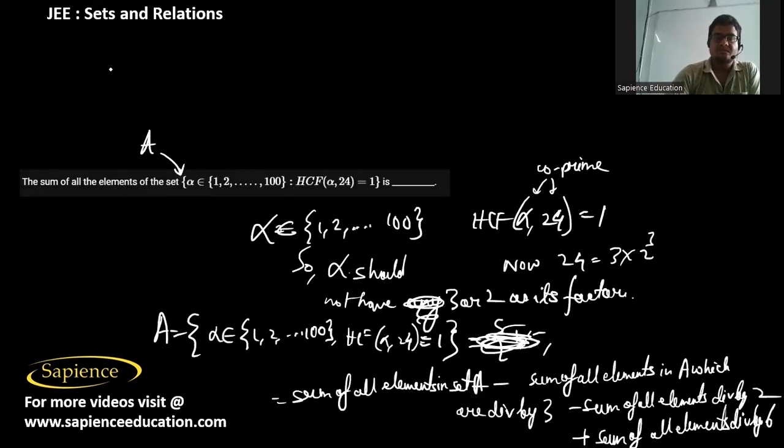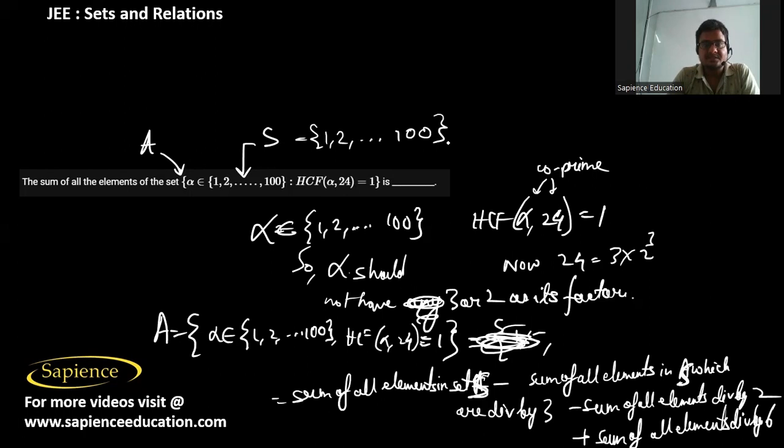So therefore, let's say we take this as the set S. We have to take the sum of all the elements in set S. S is 1 to 100, all natural numbers from 1 to 100.